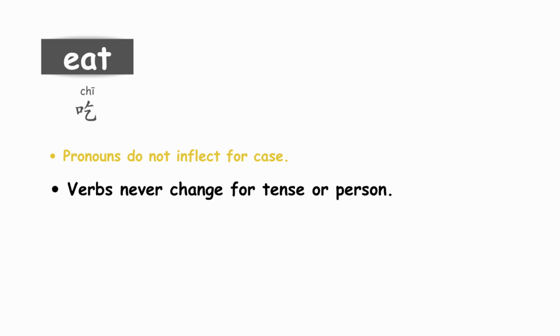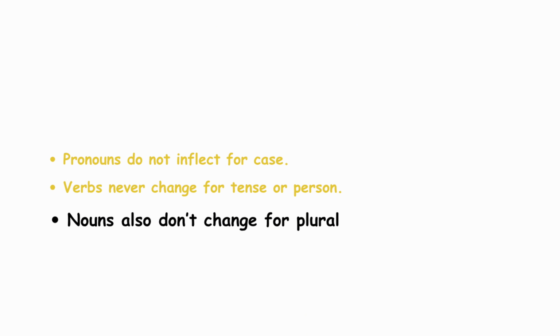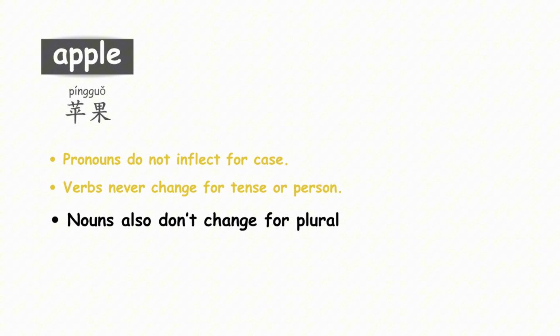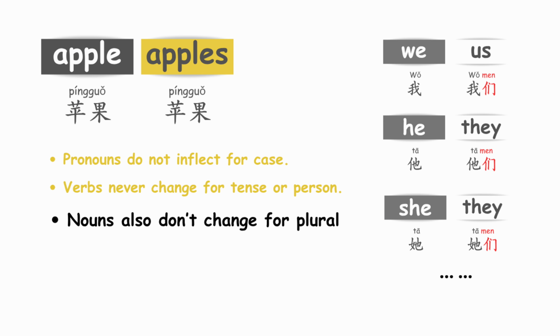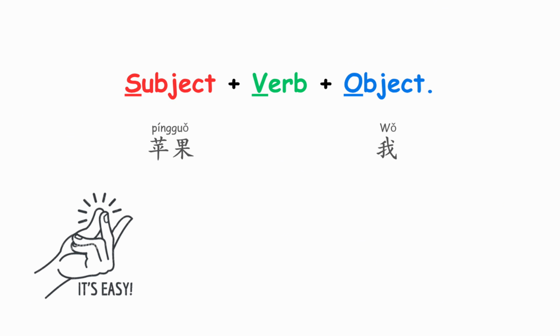There's no eat versus ate, or eat versus eats. Nouns also don't change for plural. There's no apple versus apples, except in a few cases like adding men to some nouns or pronouns. Once you know a word, that's it. You can use it anywhere.